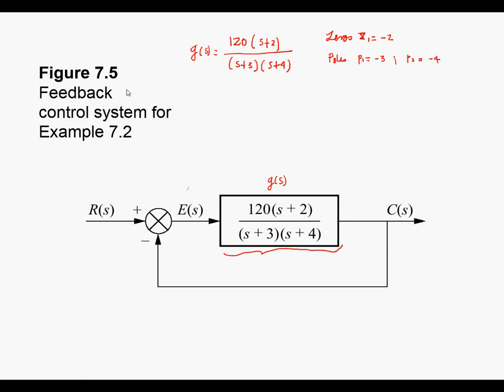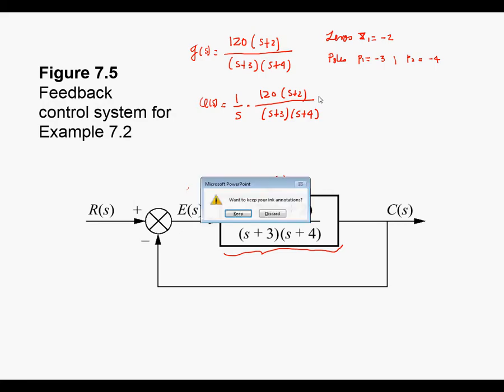So what I'm trying to say to you is that the moment that we make it a step response, we are obtaining an output. Output of S is going to be 1 over S for the step input times 120 times S plus 2 divided by S plus 3 times S plus 4. So let's give this a try in MATLAB and see how we do this, okay?